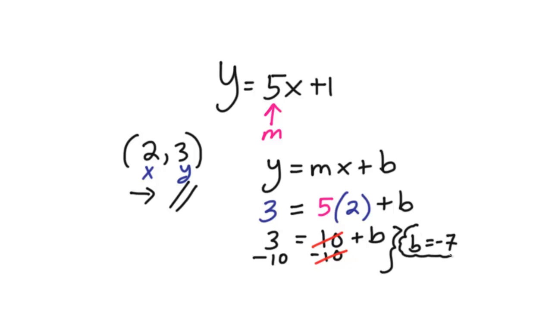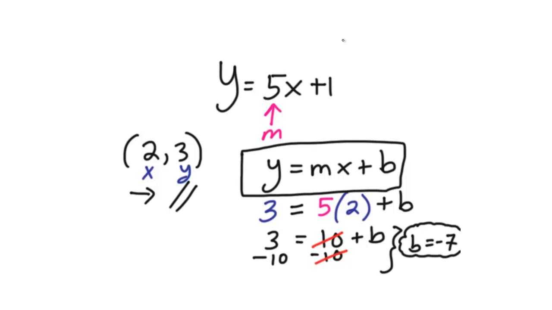Once we know b, we can plug it back into the slope-intercept form. Now the equation will be y equals 5x plus the b that we found, which is plus -7, or we can simplify it to just minus 7.